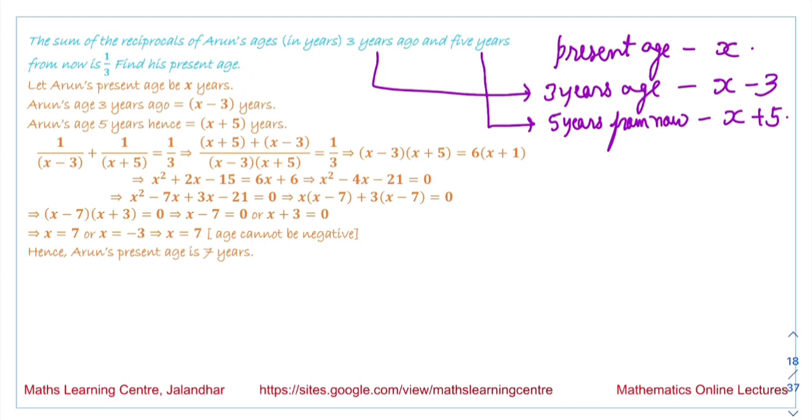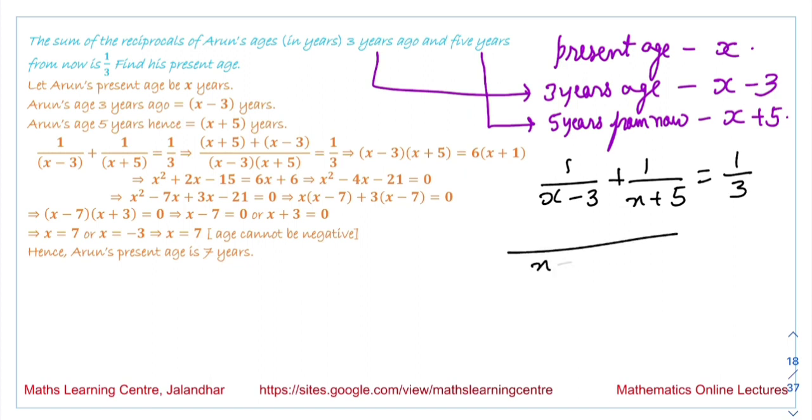It is given that the sum of the reciprocals of both these ages, 1 over x minus 3 plus 1 over x plus 5, is equal to 1 by 3. So if we take LCM, it is x plus 5 plus x minus 3 over x minus 3 into x plus 5, is equal to 1 by 3.